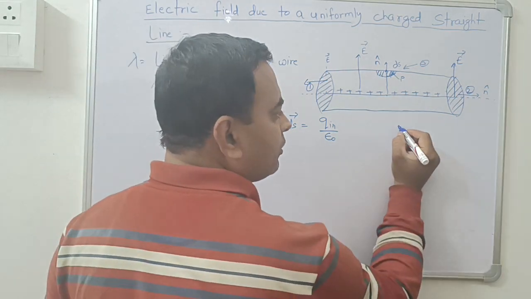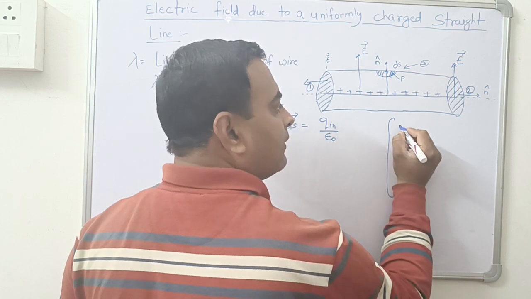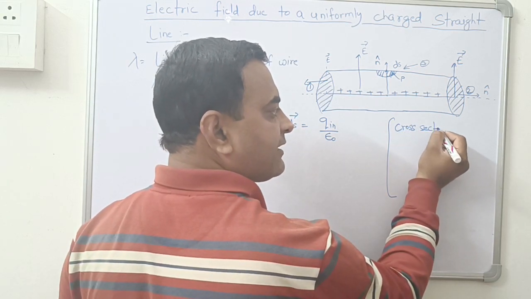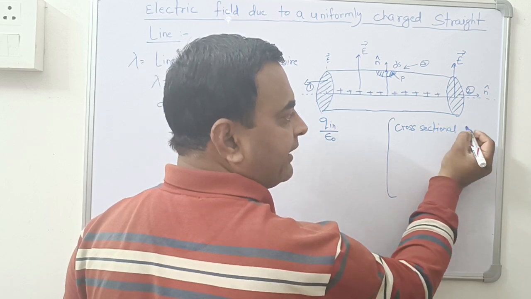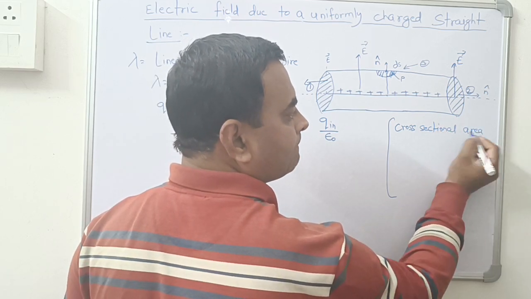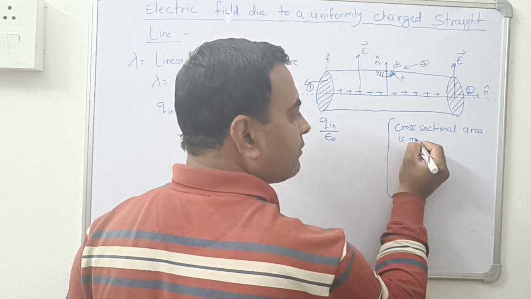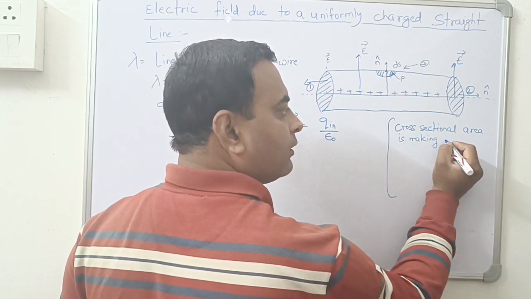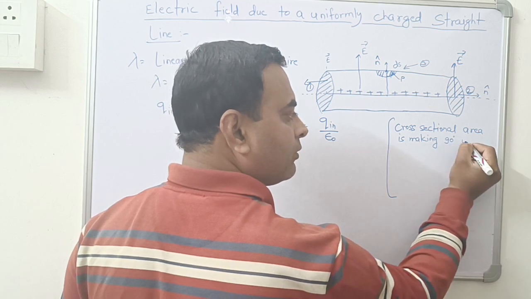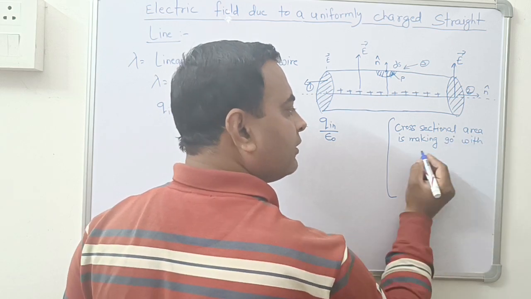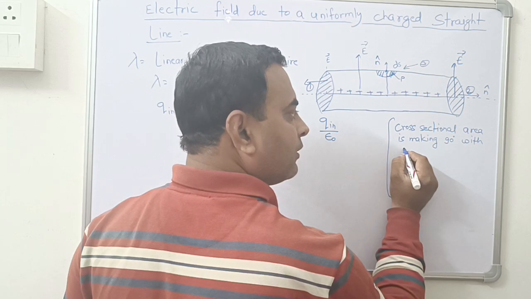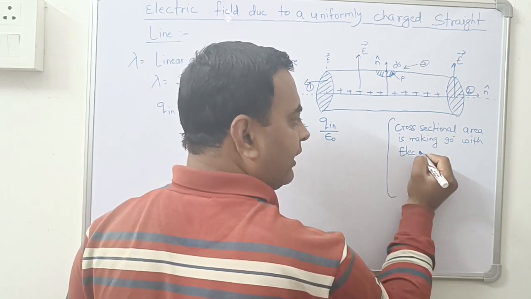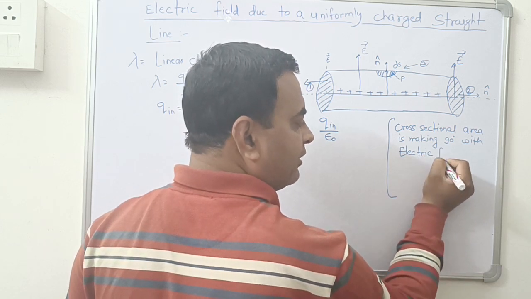So we will note that the cross sectional area is making 90 degrees with the electric field.